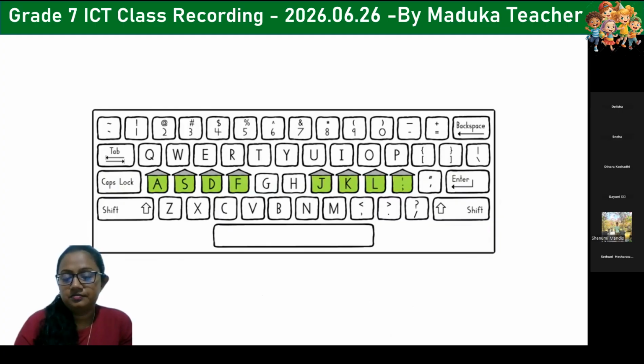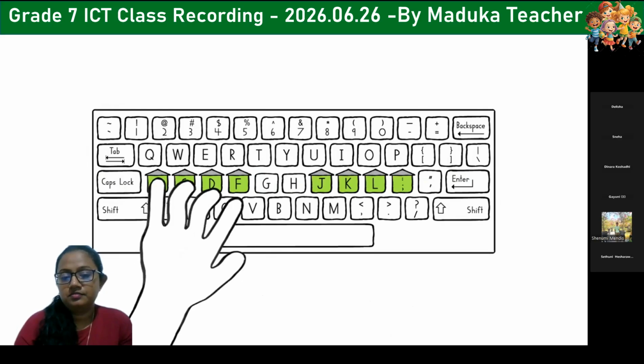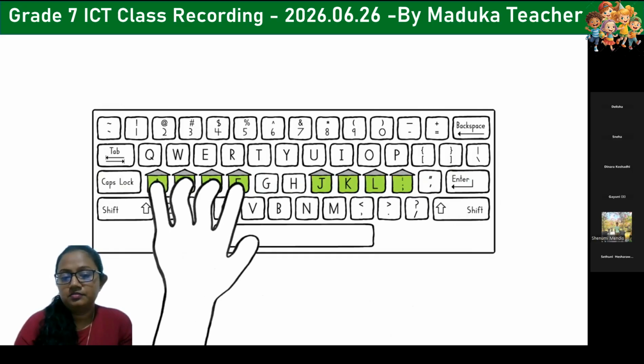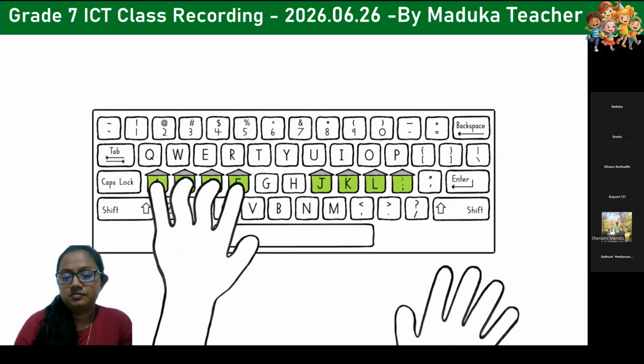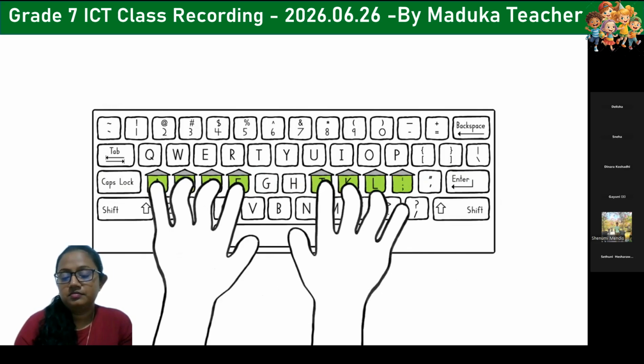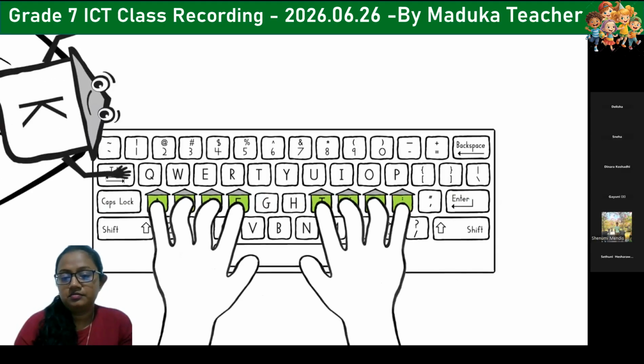Let's start with your left hand. Your left pinky rests on A, left ring finger rests on S, left tall finger rests on D, left pointer finger rests on F. Great. Now let's try with the right hand. Pointer on J, tall on K, ring on L, and pinky on semicolon.